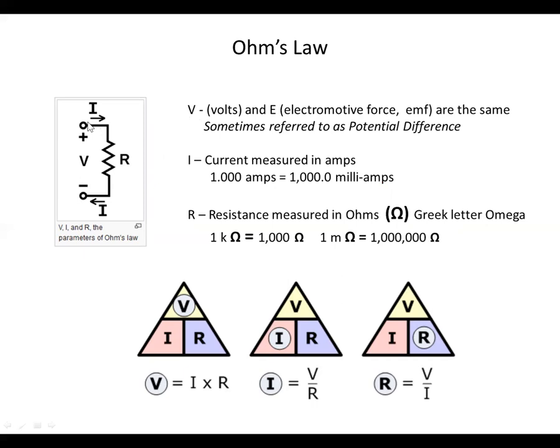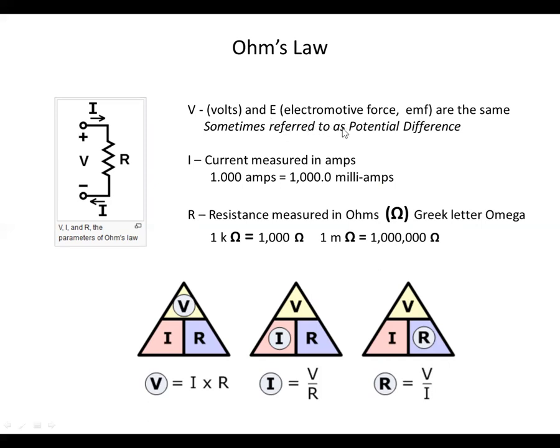And the V is the voltage. For example, if you're generating the voltage from a battery, and we refer to V as volts, or sometimes you'll see it referred to as E, which is an abbreviation for electromagnetic force, or EMF. So you may see these three descriptions of voltage, but they're all meaning the same thing.